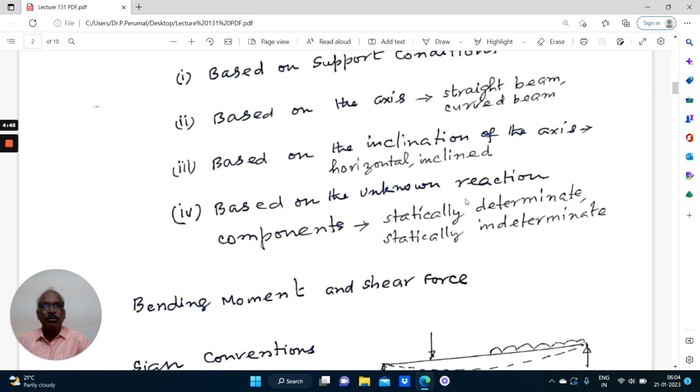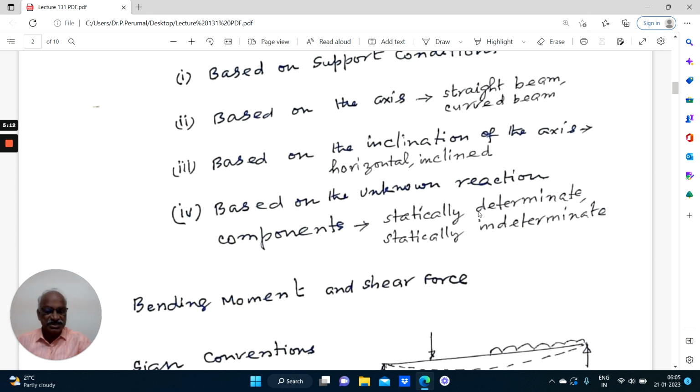And based on the unknown reaction components, namely statically determinate, statically indeterminate. Of course, it is too early, but however, there are three basic conditions of equilibrium. If a structure can be completely analyzed, namely determination of shear force, determination of bending moment, deflection, slope, etc., by using only the conditions of equilibrium.